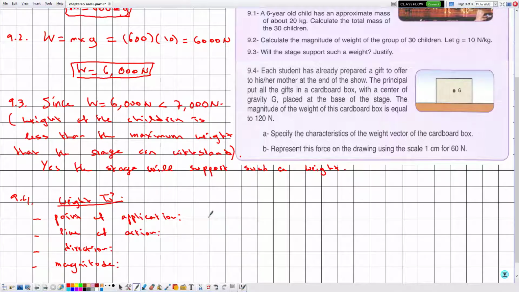Now we know that always the first three properties of the weight are fixed, and this is given by the center of gravity G. This is vertical, and this is downward.